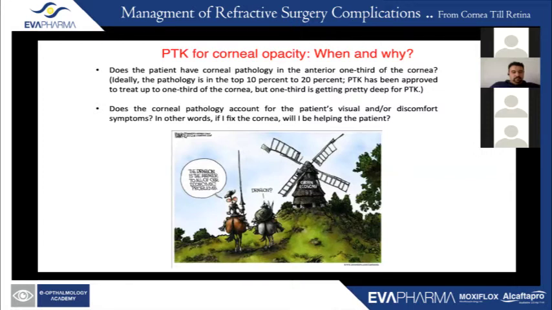And the other thing that you have to think to yourself is whether the patient has a visual problem just from the cornea, because sometimes you correct the cornea, but you didn't see what the patient has in the posterior. I saw a lot of patients who were corrected for cornea, but they have some retinal problem. So they are not happy because the cornea was good, but they have a very bad retinal problem.